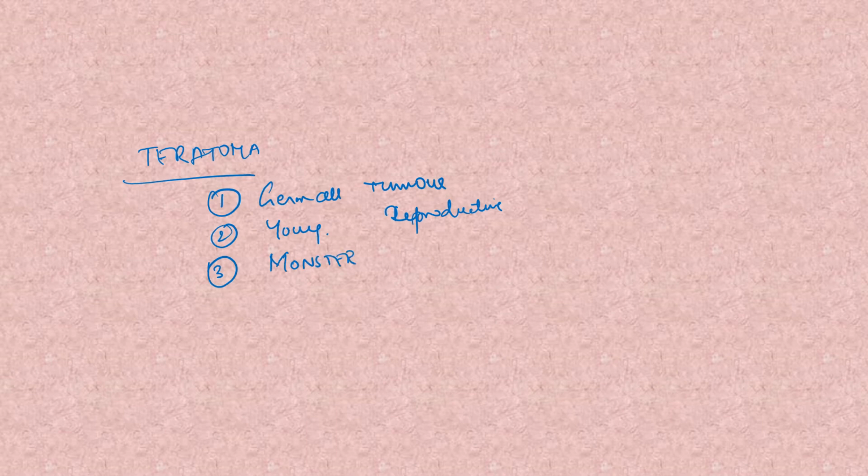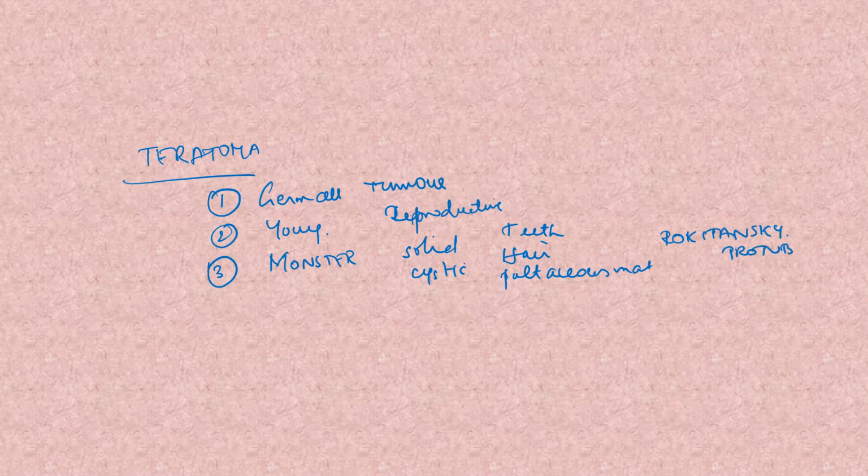You have a solid area, you can have a cystic area, you can have hair, you can have pultaceous material, then you can have teeth. And you have to remember the Rokitansky protuberance, which is an elevated raised area from which you can possibly get all the three derivatives.